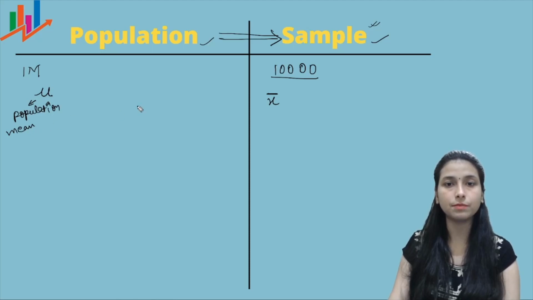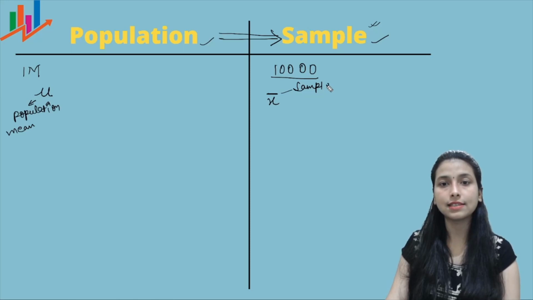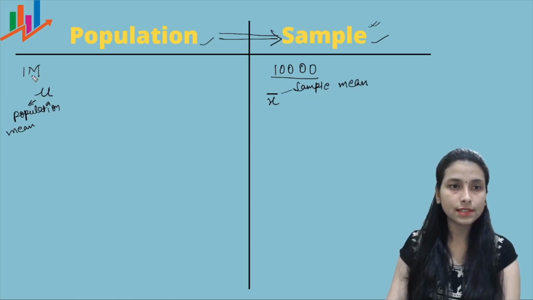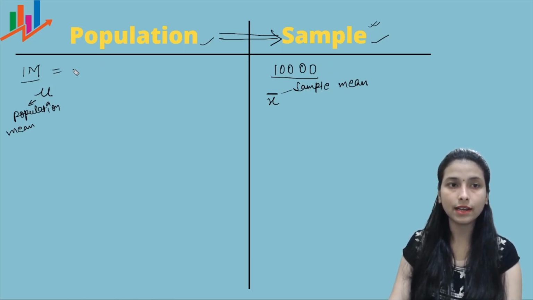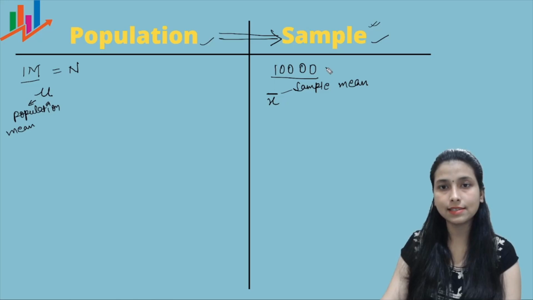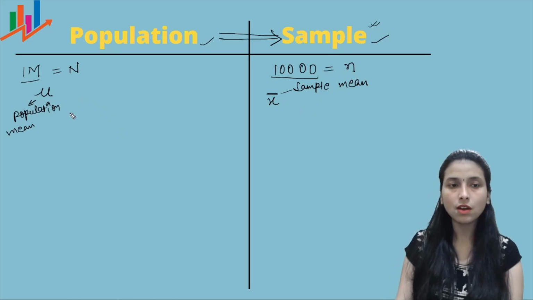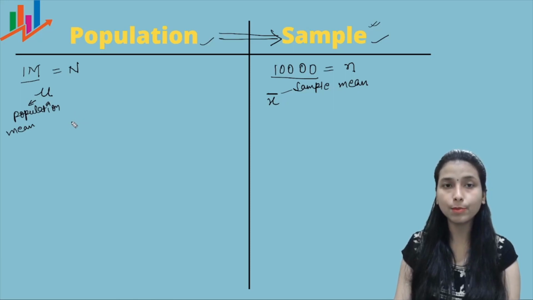This is the population mean and this is the sample mean. Now this count, that is 1,000,000, is capital N, and the sample count is represented by small n. Now, what is the formula for the population mean?